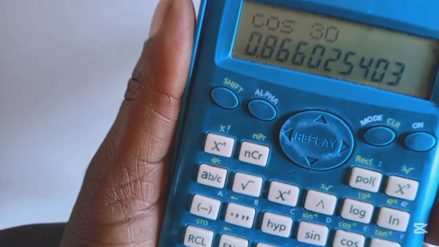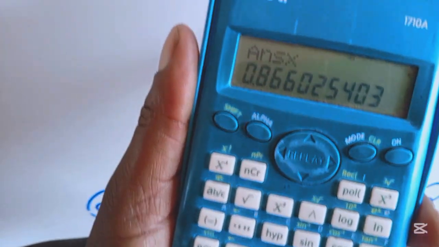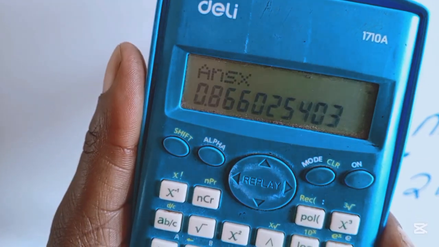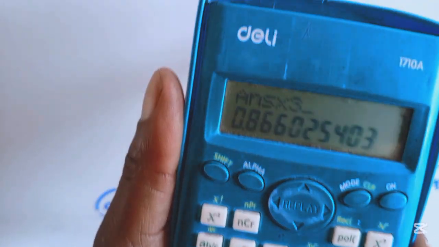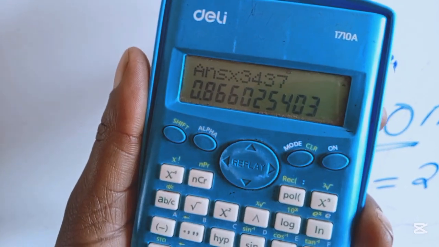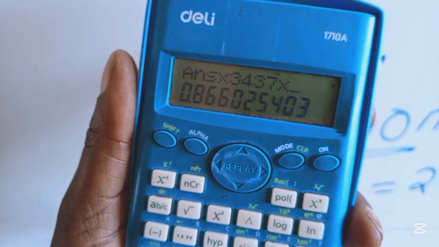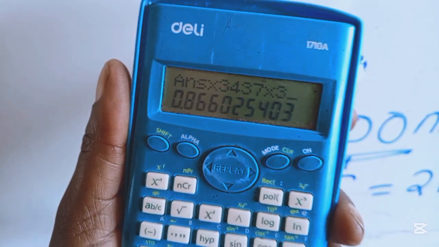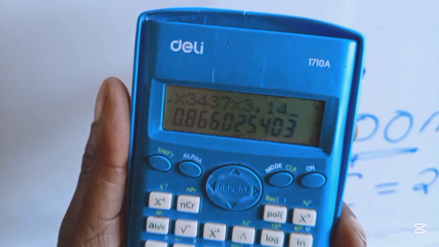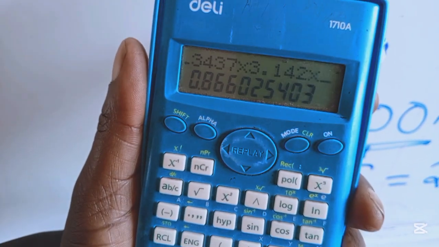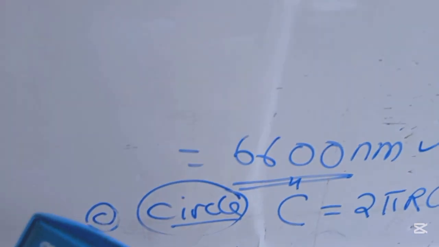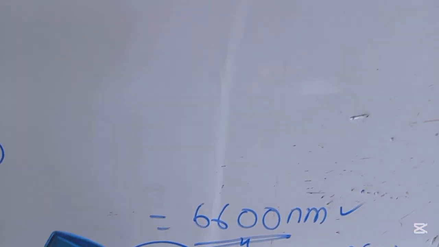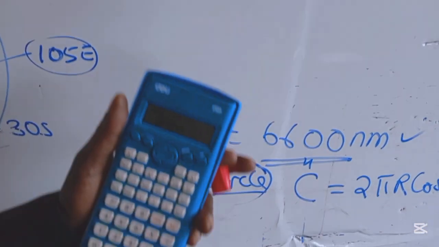I should multiply this number by the radius, which in nautical miles is 3437, and I should multiply this by pi, 3.142. Again, I should multiply it by 2, and I will get this number. Be careful, don't make a mistake.